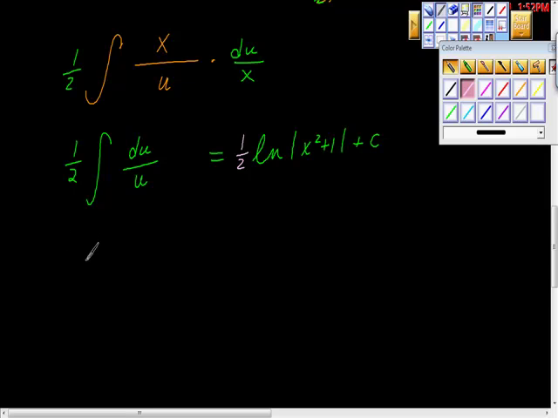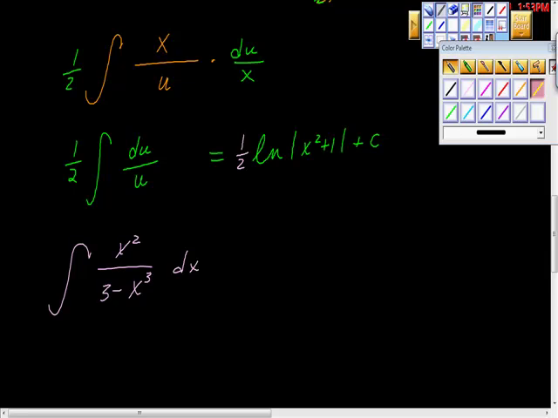How about this one? x squared over 3 minus x cubed. Is it possible that the x squared here is some part of the derivative of this? Seems like there's something missing here, doesn't there?